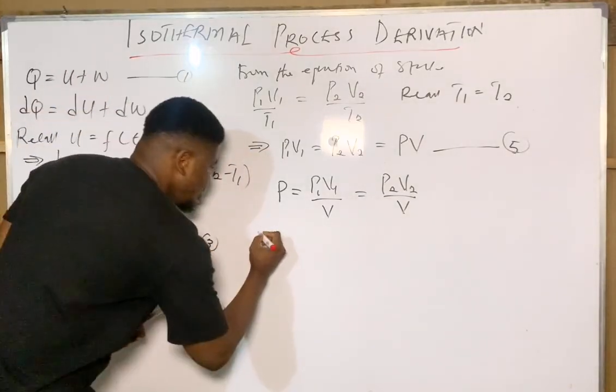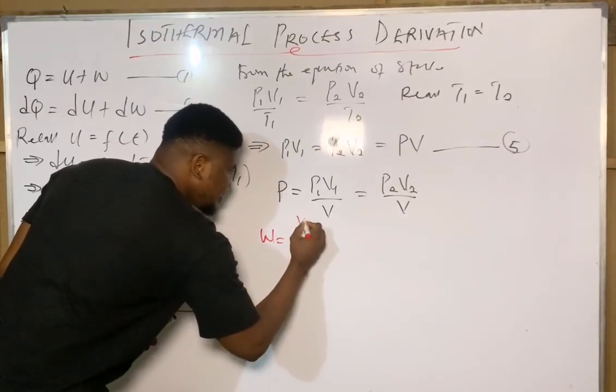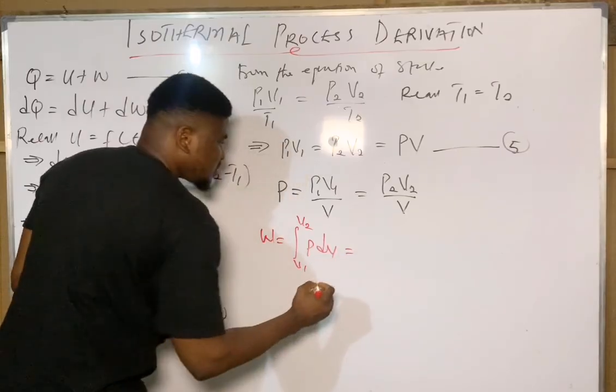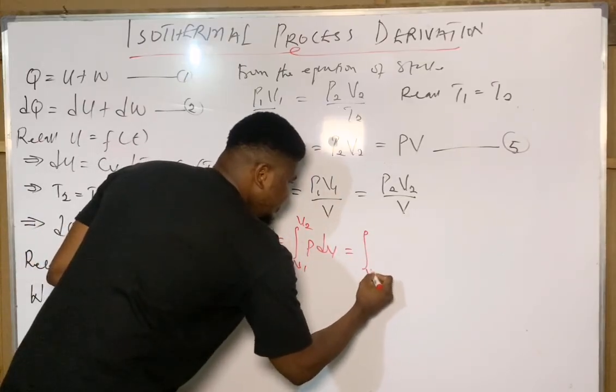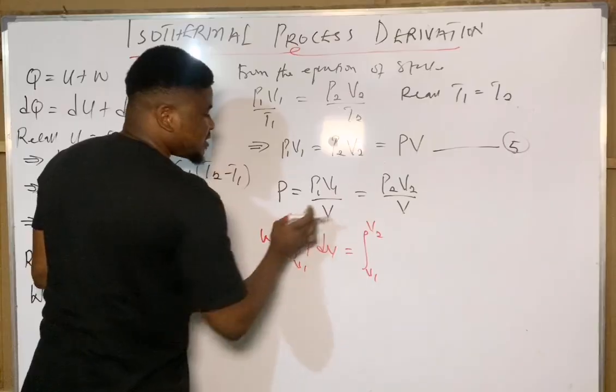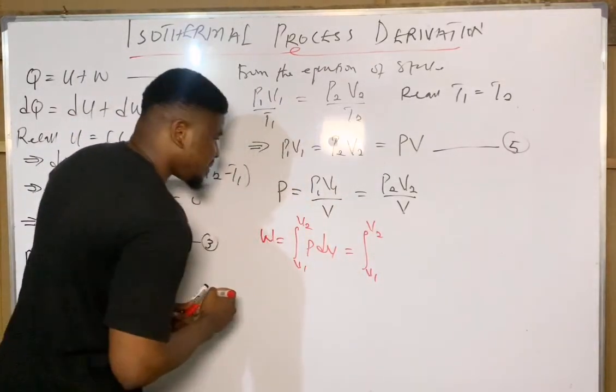So recall, work done is equal to the integral from V1 to V2 of P dV. You can choose any of these, or you can work with them alongside, so I'll work with them alongside.